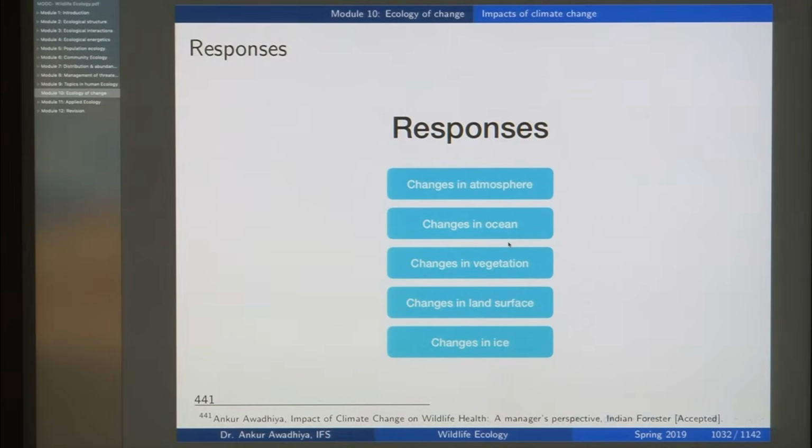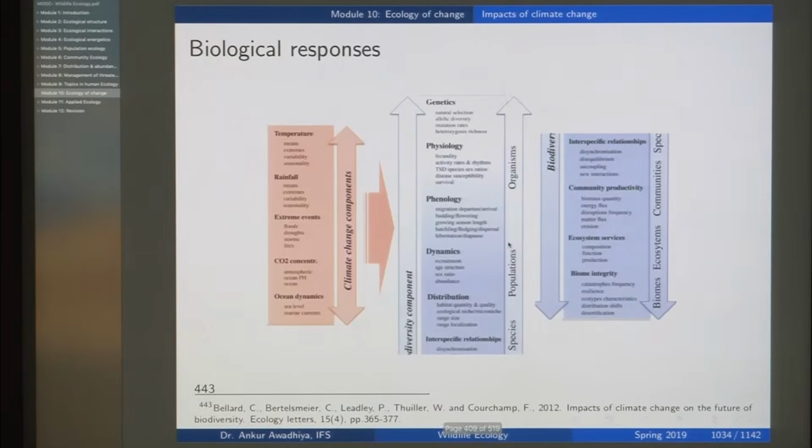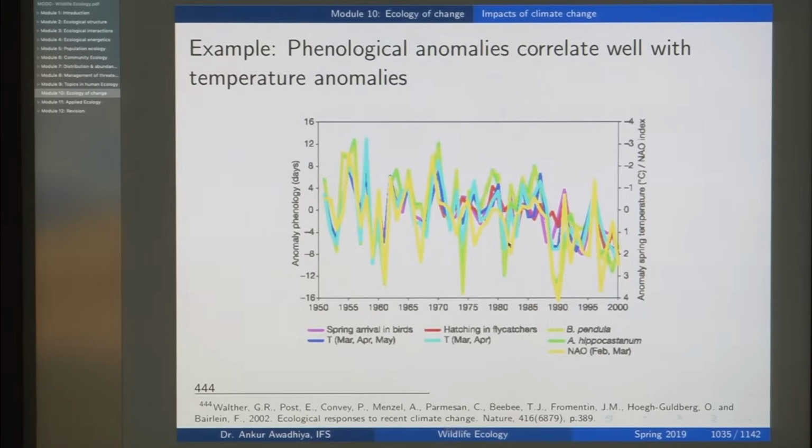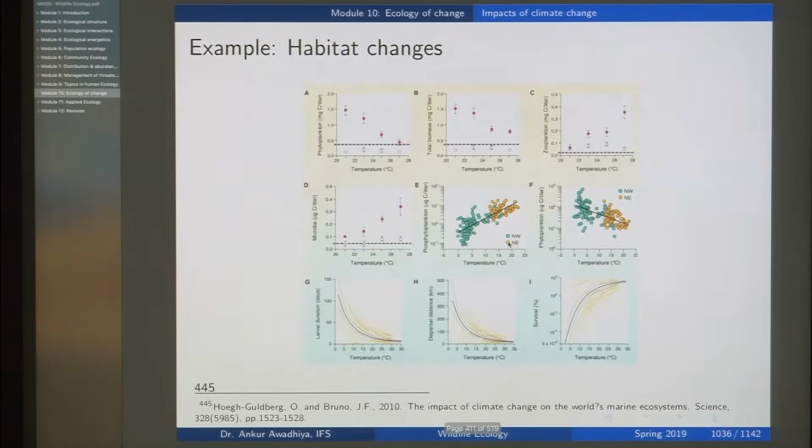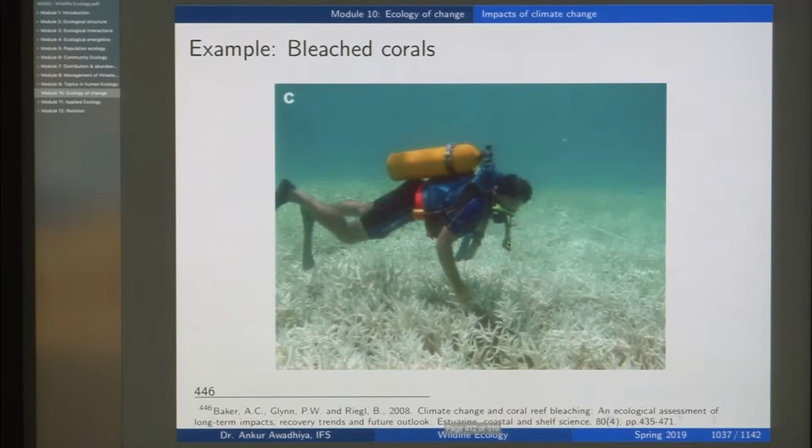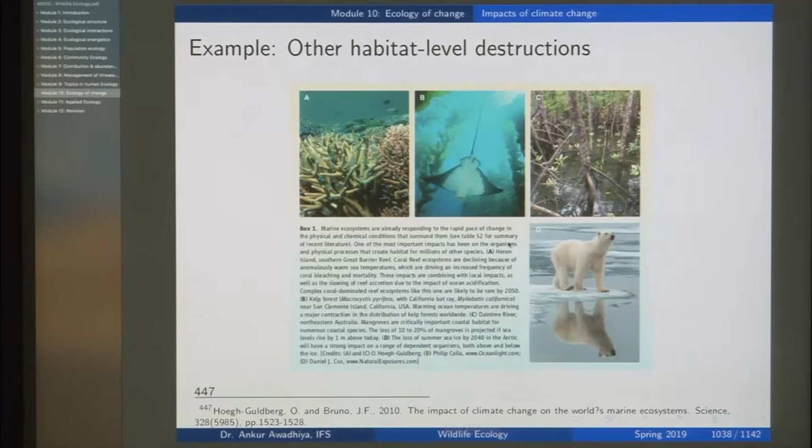In the case of responses, we can have changes in all the 5 components, and these responses can be in terms of physical responses, biological responses, phenological responses, habitat changes, bleaching of corals, or large scale destruction of habitats in terms of coral reefs or kelp forest or mangroves, or the ice sheets that are there for the polar bears.